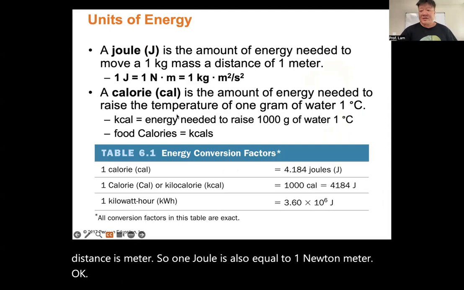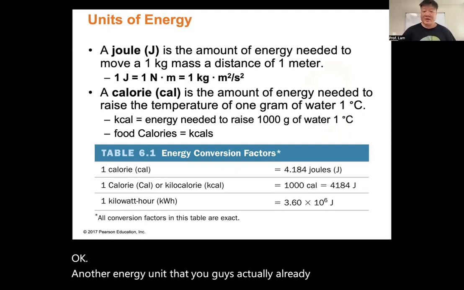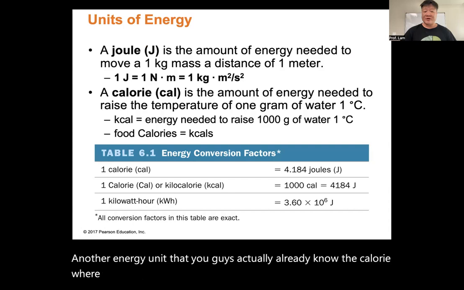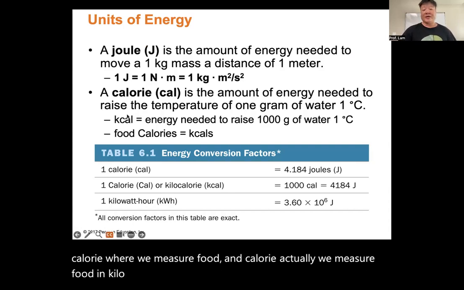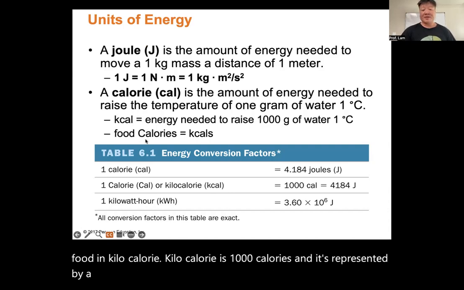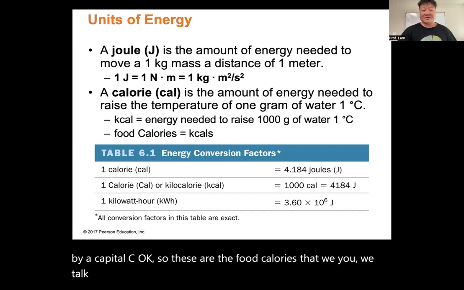Another energy unit that you guys already know is the calorie. We measure food in calories. Actually, we measure food in kilocalories. A kilocalorie is 1,000 calories, and it's represented by a capital C. These are the food calories that we talk about, like 2,000 calories in our daily diet.